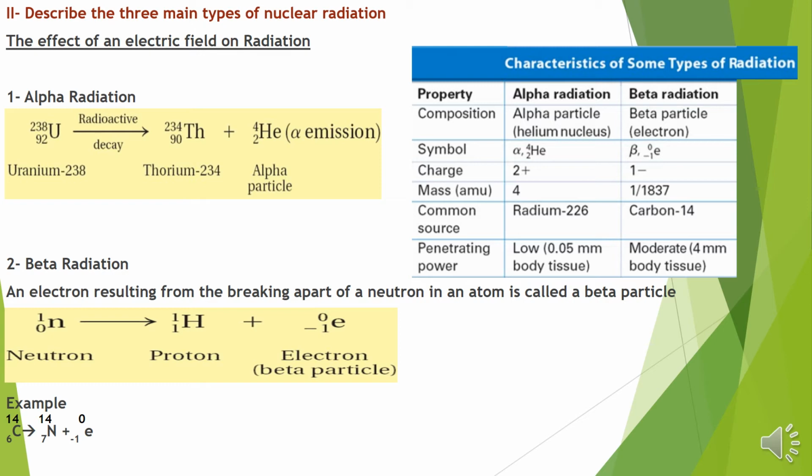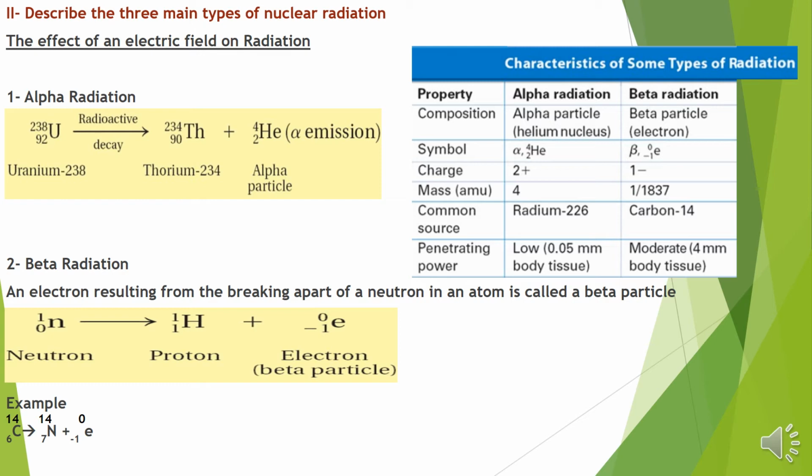The mass in AMU is 1 over 1837, which is very, very small, approximately 0. The common source is carbon-14, and the penetrating power is moderate, 4 millimeters in the body tissue.